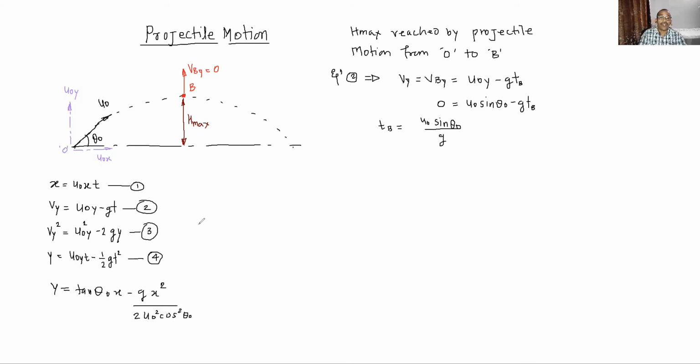Now we are interested in h max. H max is basically y, so in equation number 4, if we substitute this value of TB, we get h maximum.